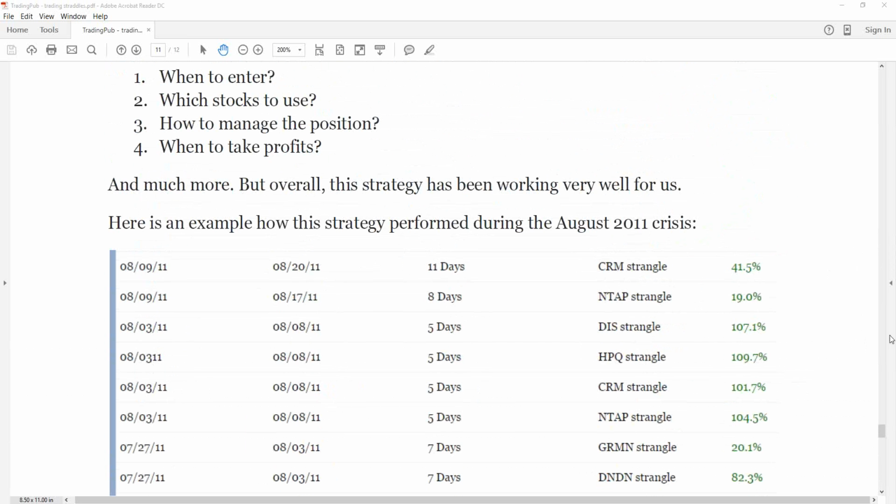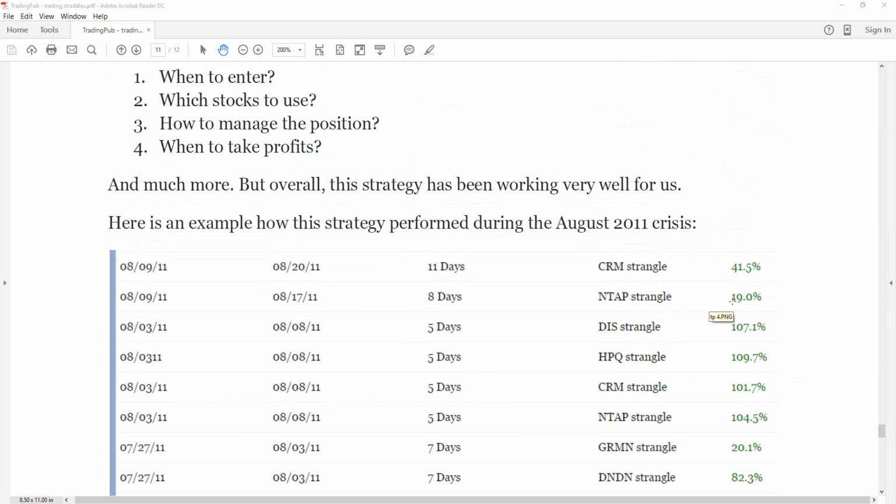How do you decide if you choose calendars or straddles before earnings? Okay, good question. It's mostly backtesting. Some stocks will perform better with straddles, some will perform better with calendars. It really goes by stock basis.